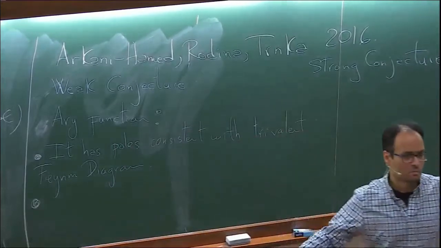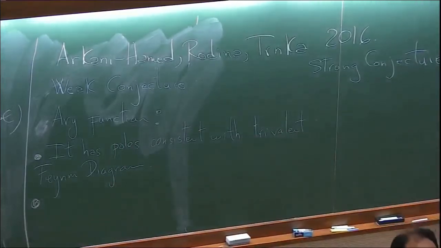In other words, you could start by writing all possible trivalent diagrams in phi cubed theory and put numerators in there. Any numerators you want.